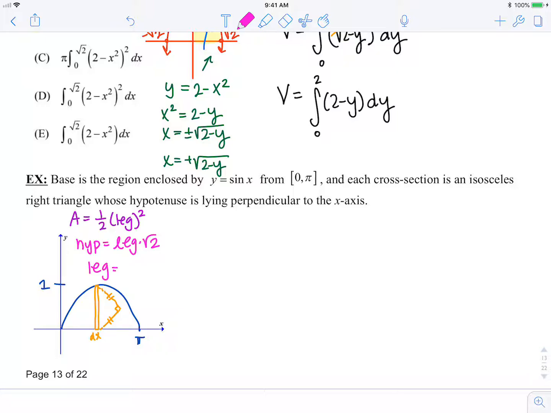So your leg is your hypotenuse divided by square root of 2. But they told us that the hypotenuse is lying perpendicular to the x-axis, so that hypotenuse is sine x. So your leg is sine x divided by square root of 2.